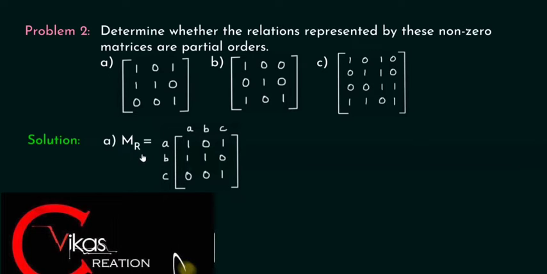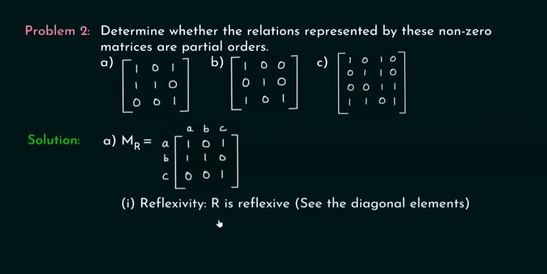Now let's see whether this relation is reflexive or not. Because we have to determine whether this relation is a partial order or not. Let's check the reflexivity. We know that R is reflexive. We just have to see the diagonal elements here, right? This element represents AA. This represents BB. This represents CC.